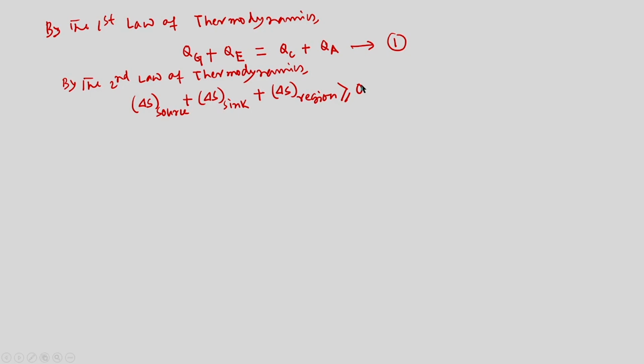Okay. So, locally entropy may decrease or increase, okay, but the net resultant entropy should always increase. That is the second law of thermodynamics in terms of entropy.